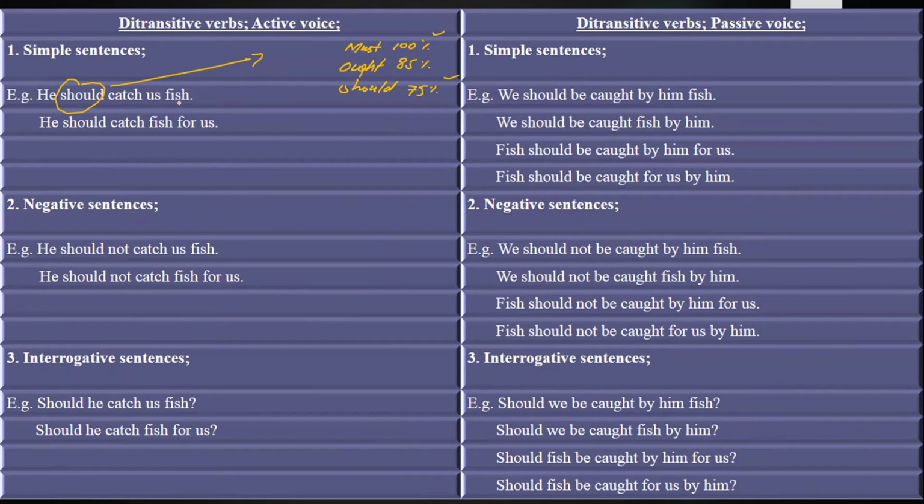So he should catch us fish, he should catch fish for us. Keep in your mind, fish is plural, and if you say fishes, the meaning will be different. Fishes means of different categories, like shark, dolphin, starfish, whatever; these all together are called fishes.